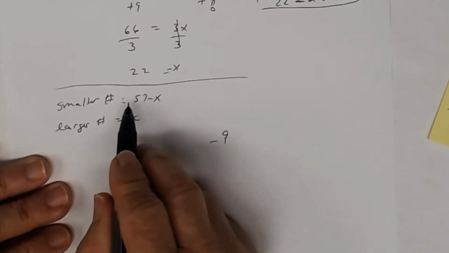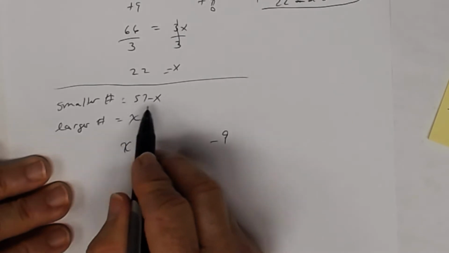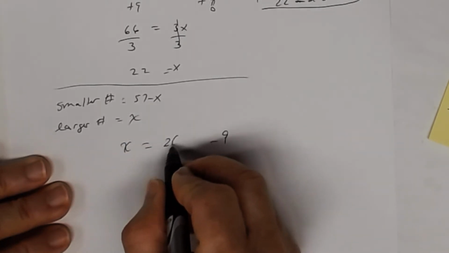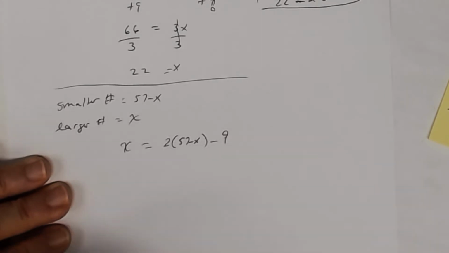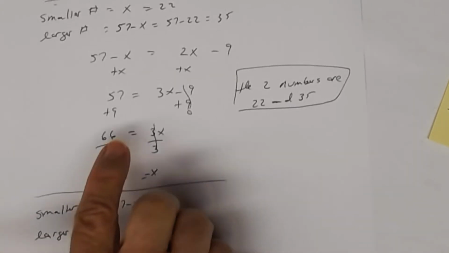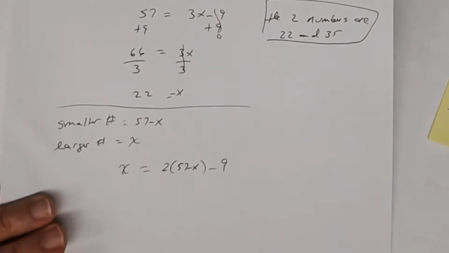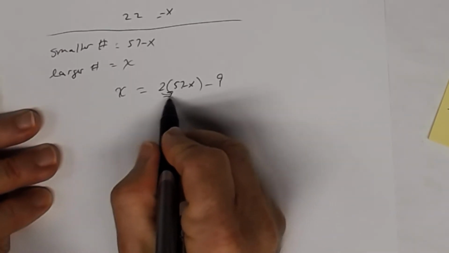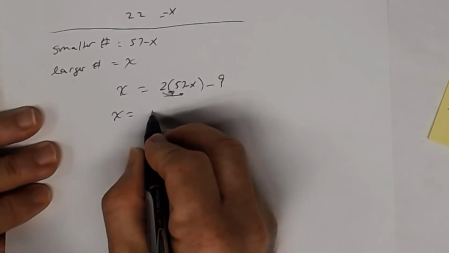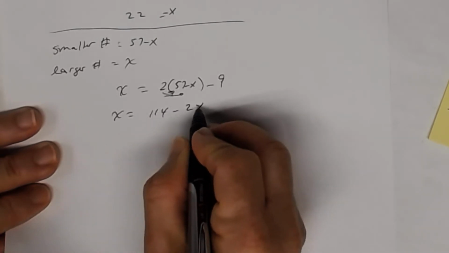Now you got to be careful here. So the smaller here is a binomial. It's more than one term, so you got to put that in parentheses. So twice the smaller, that's what it looks like: 2 times (57 minus x). So that's the equation here. So notice that equation looks different than this one. Okay, distributing, I get x equals 2 times 57, which is 114, minus 2x minus 9.